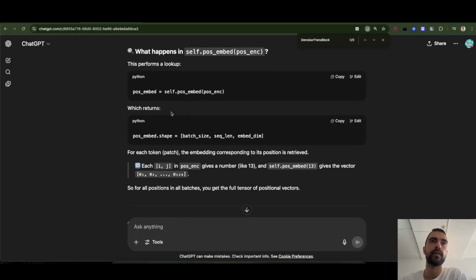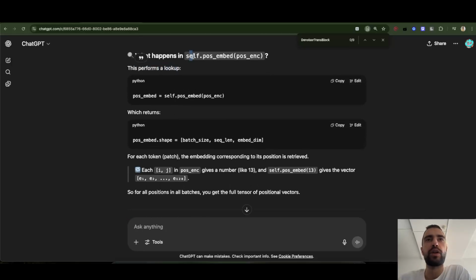So this performs a lookup when you pass this. So position embedding is self.position_embedding of this position encoding, which returns a variable whose shape is going to be batch size, sequence length, embedding dimension.